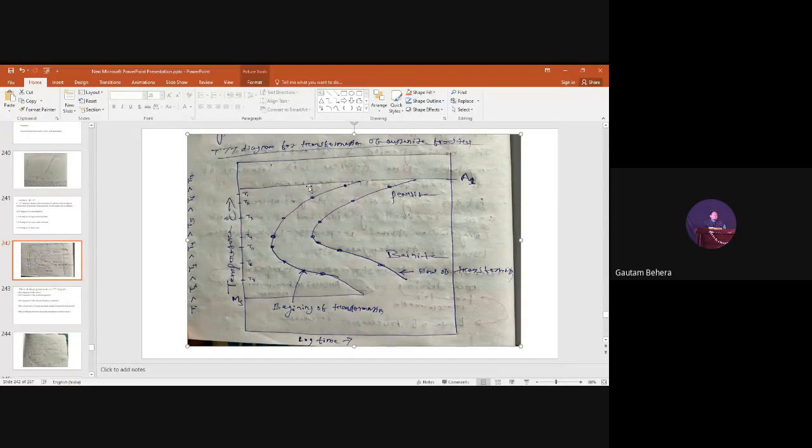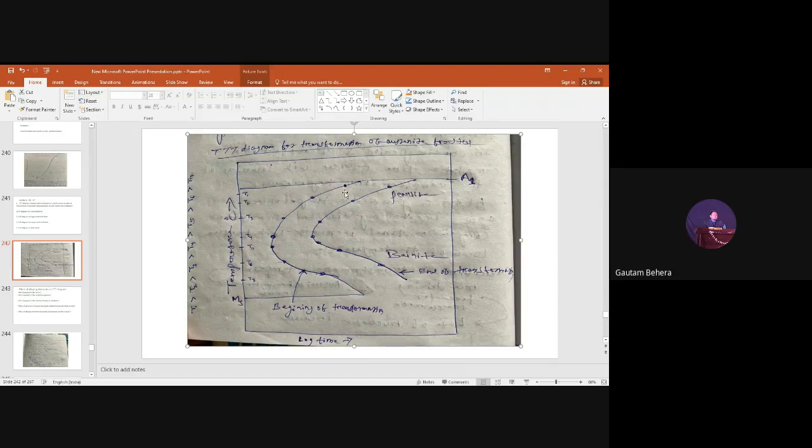Austenite is still there up to this point, and when it reaches this point, the austenite will start decomposing, or it will start transforming into pearlite. Finally, the transformation will proceed, and at this point the transformation will end, or get finished. So after this point, you have only pearlite. You can see it is written over here. So that means the austenite has transformed into pearlite.